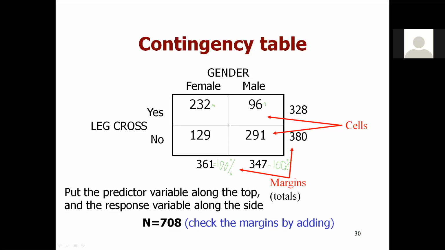So let's say for men, we will have 347 is 100%. And now we're going to do 96 times 100 divided by 347. And that's going to give us the percent.